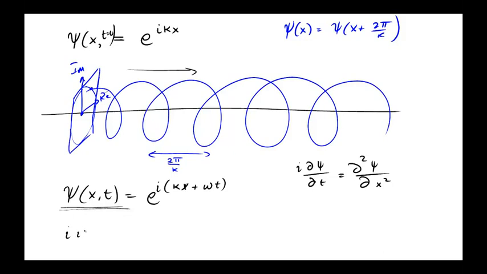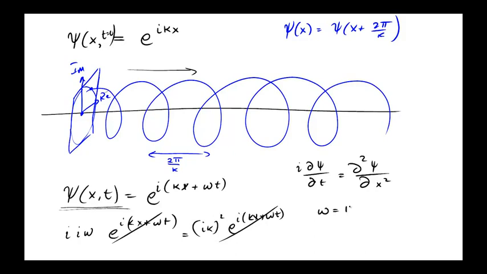It's i omega e to the i (kx plus omega t), which is equal to d squared psi by dx squared. What's d squared psi by dx squared? You'd get i k squared e to the i (kx plus omega t). Right, so what you have is that omega equals k squared.